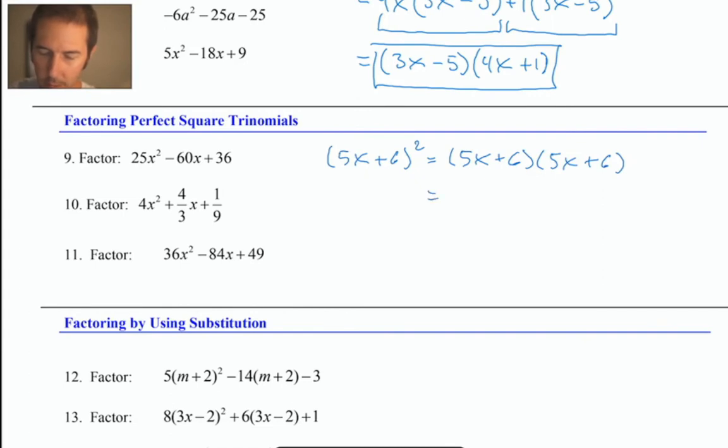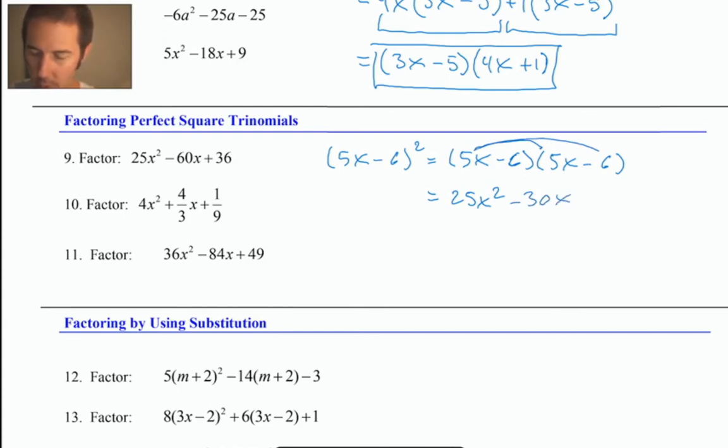And if I FOIL it, I get 25x squared plus, sorry, it's not 5x plus 6, it's 5x minus 6. Too fast. I went too fast. Make those minuses, minus, minus, minus. All right, so 5x times 5x is 25x squared. 5x times negative 6 makes negative 30x.